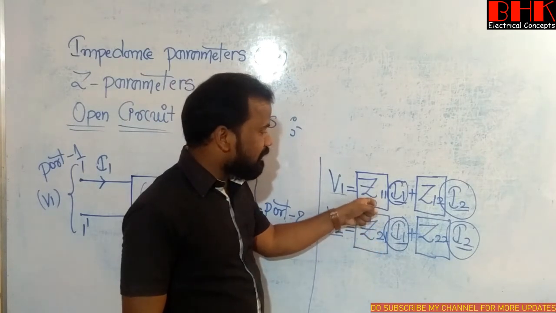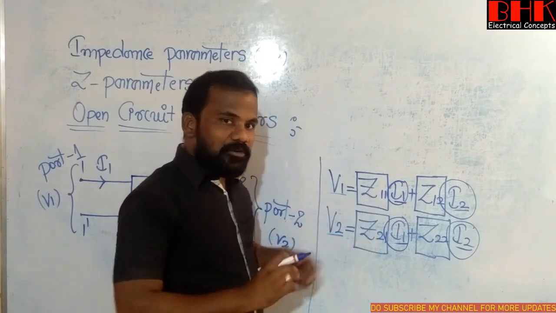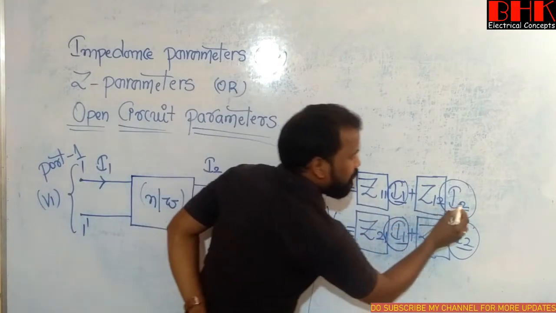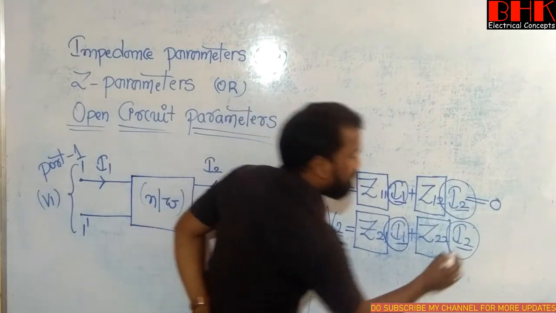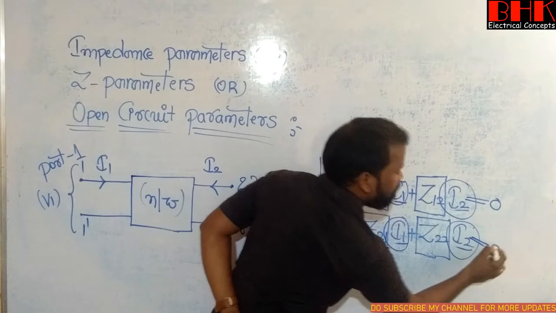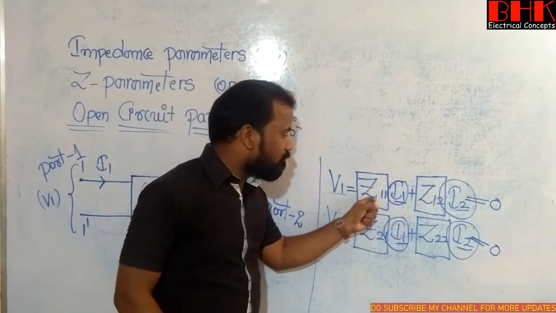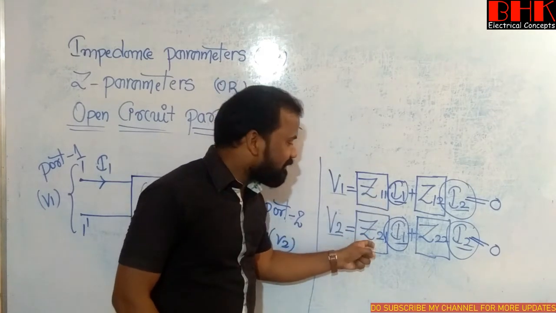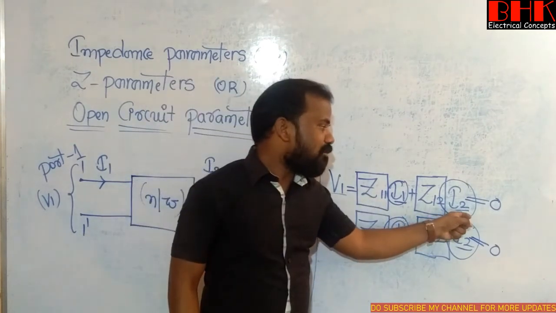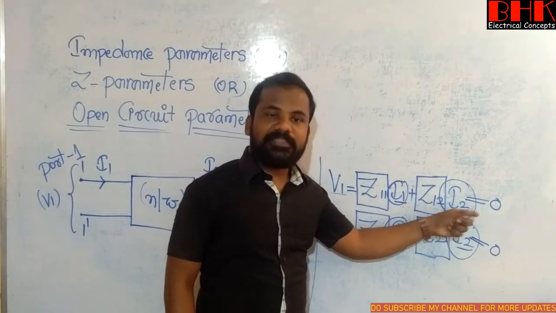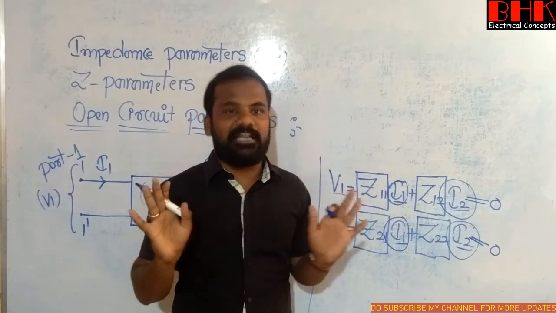If I want to calculate the values of Z11 and Z21, then if I make I2 equal to 0 in equation number 1 and equation number 2, it is possible to get the values of Z11 and Z21. But how is it possible to make I2 equal to 0 in the network? Just open circuit the port 2 terminals, clear?